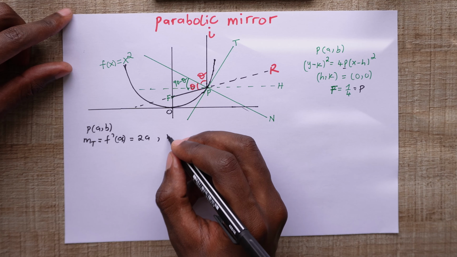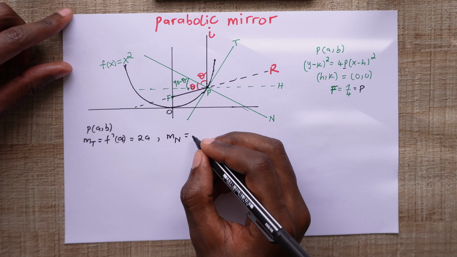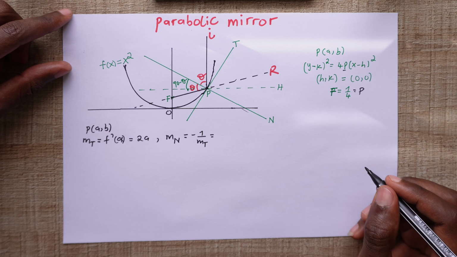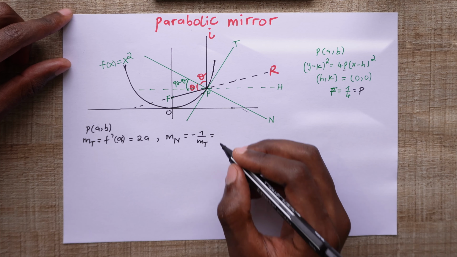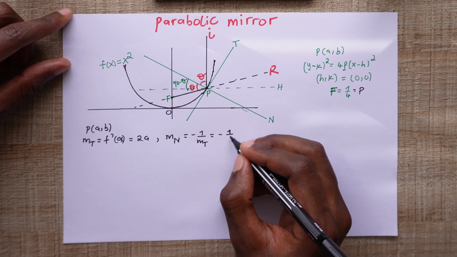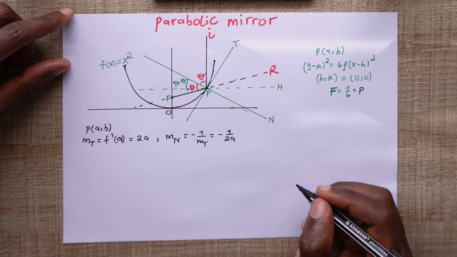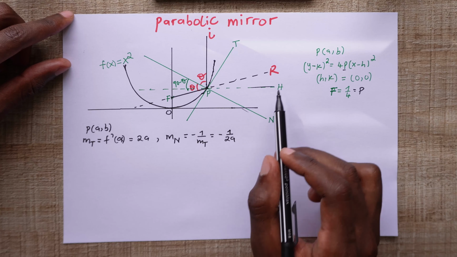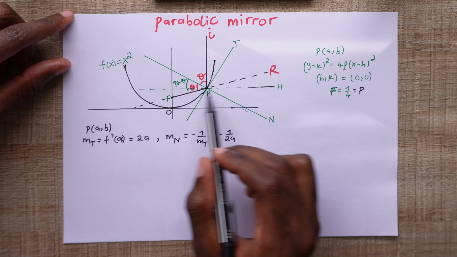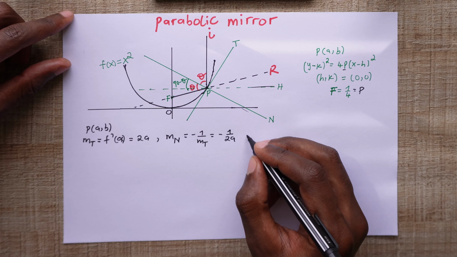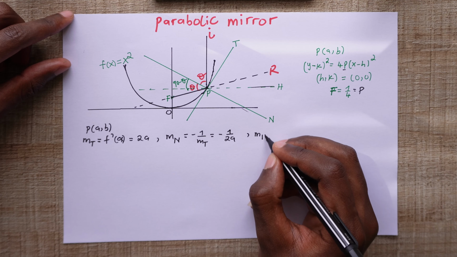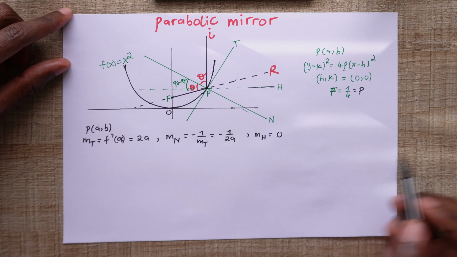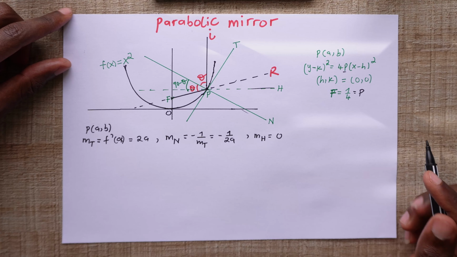The gradient of the normal is just -1 over the gradient of the tangent. That's just notions of geometry. And this is just -1 over 2a. Also, this horizontal line that passes through the point P at the point of incidence is a horizontal line, so it has a gradient of 0. So we are going to make use of these three parameters.